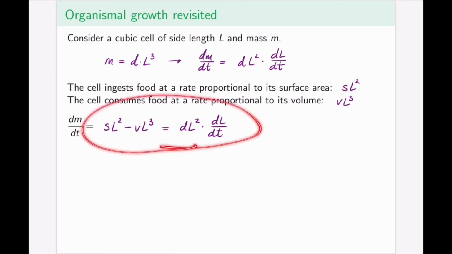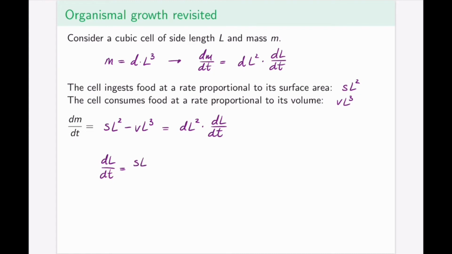Now, setting these two equal, we can solve for dl by dt, and what we end up getting is, let me write this out slower. So sL squared minus vL cubed, which is the right-hand side here, and we will divide both sides by dL squared. So all over dL squared. And then after we have split up this fraction and canceled out the L's, we're going to get s over d minus v over d times L, which we can rewrite in terms of constants, or we can simply stand back a little bit and look at this equation carefully.